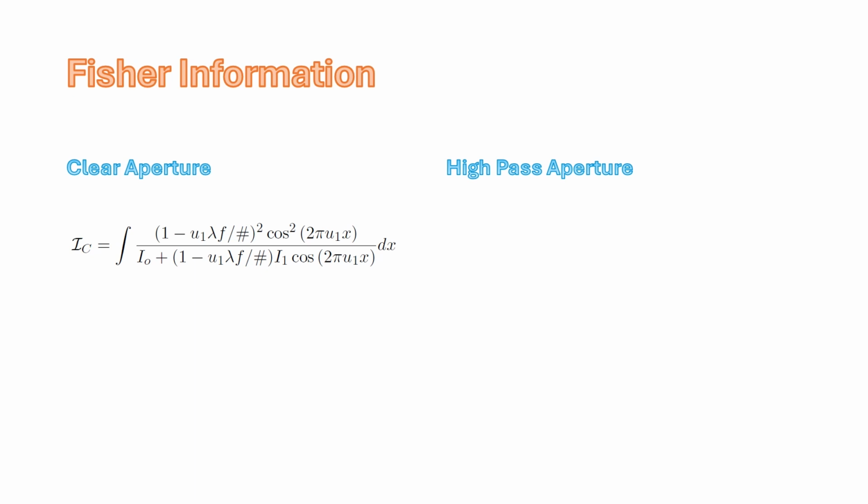You can go back to Chapter 2 and review Fisher information to understand that formula. And we integrate that over all the measurement positions, and that gives us the total Fisher information for I1. So this is that value for the clear aperture. This is the corresponding result for the high pass aperture. Now we've accounted for the reduction in energy due to the annulus, and we see that we get this result.